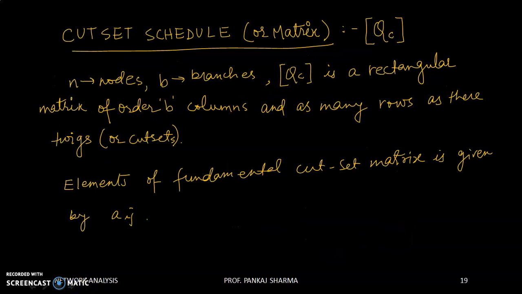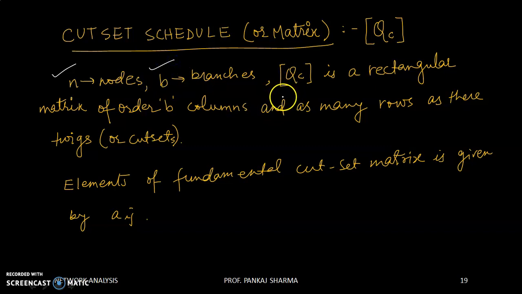Now let us understand the cut set schedule or matrix, which is represented by QC. Suppose a graph has n nodes and b branches.